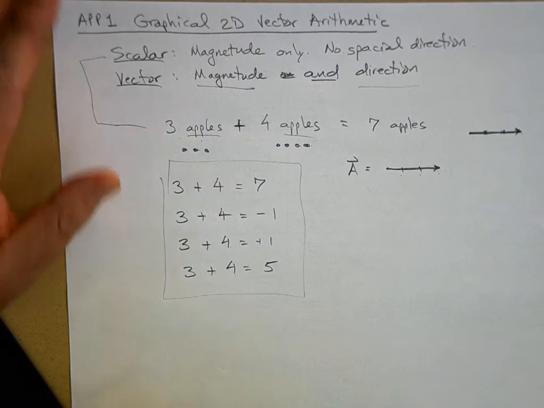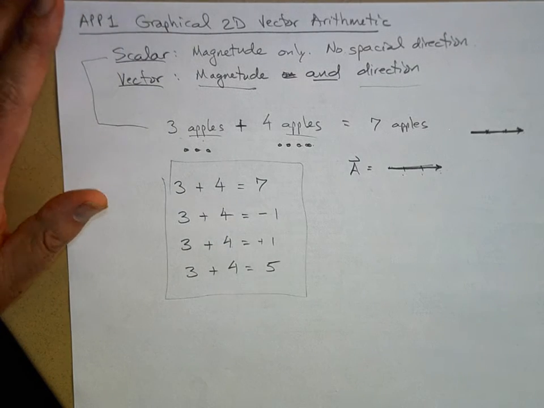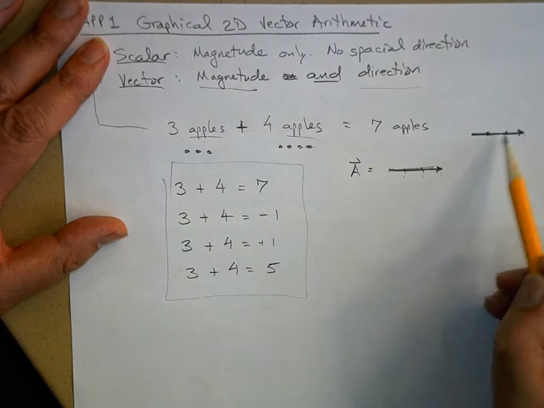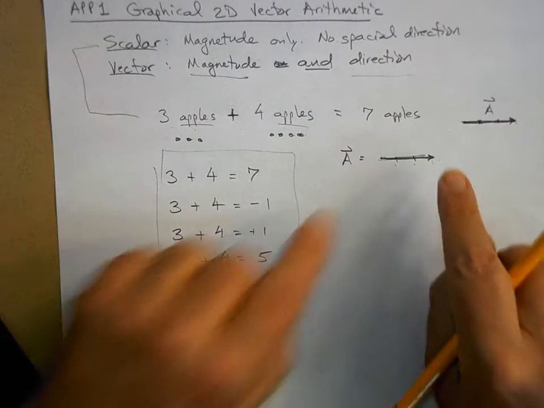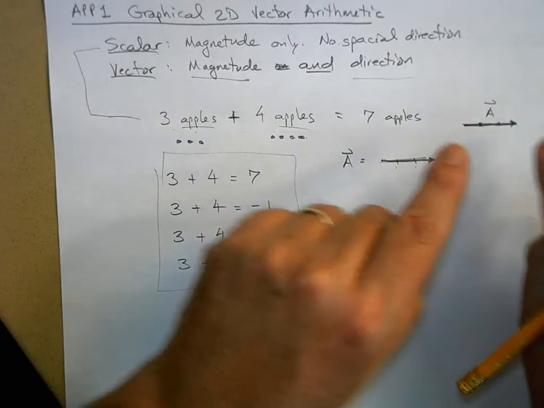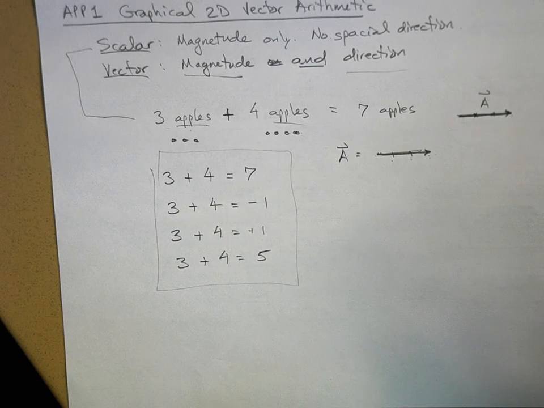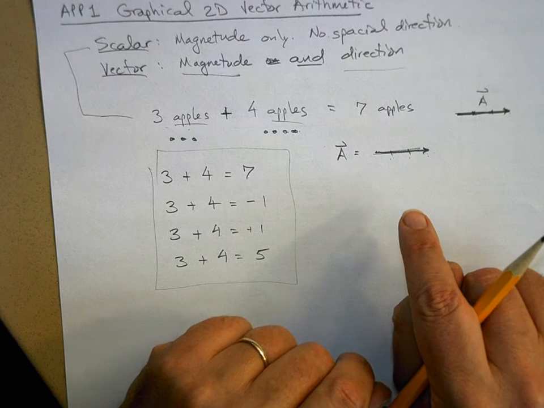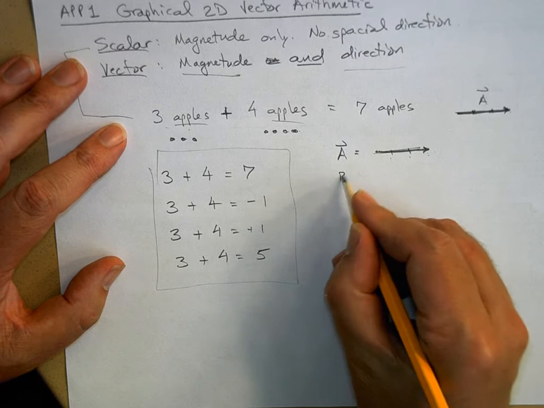If two vectors have the same magnitude and the same direction, they are equal. So this is also vector A. You can just pick them up and set them down. As long as they're in the same direction with the same magnitude, they're equal. Make sense? They don't have to be at the same place to be equal. Now let's say this is vector B.